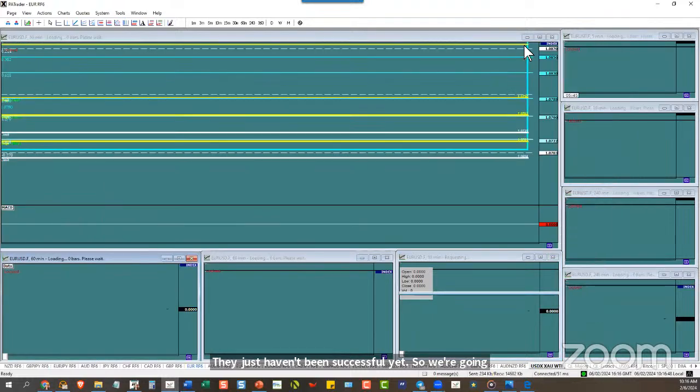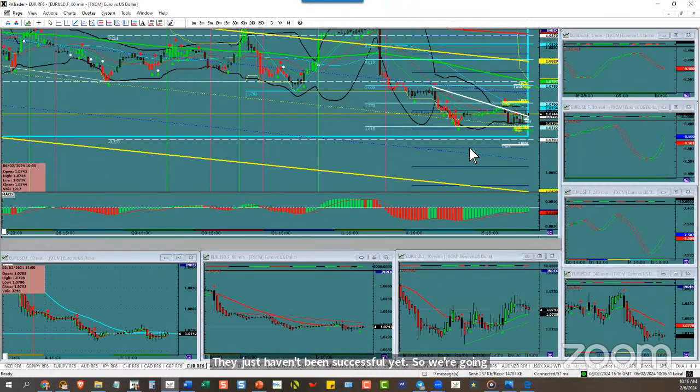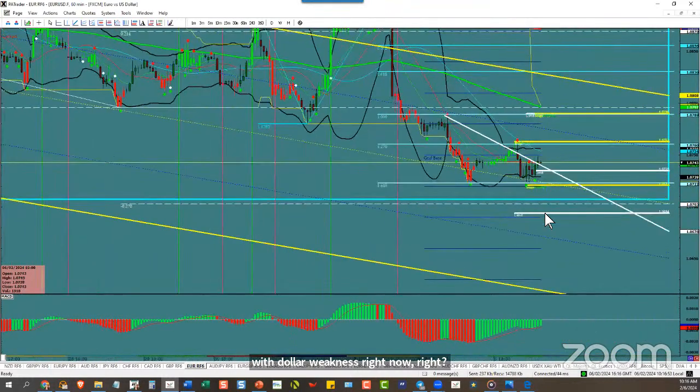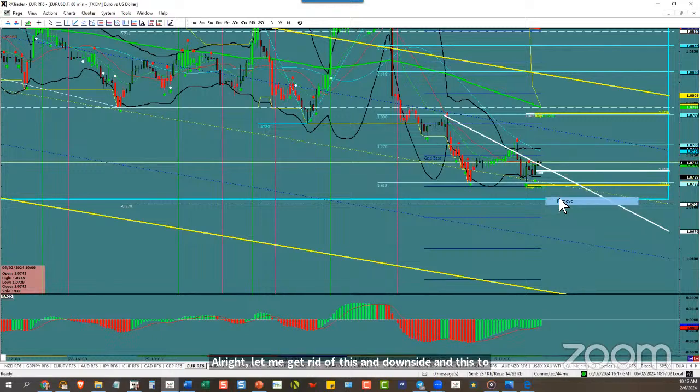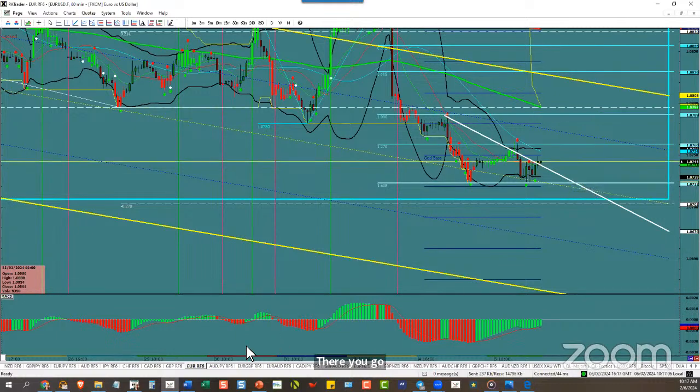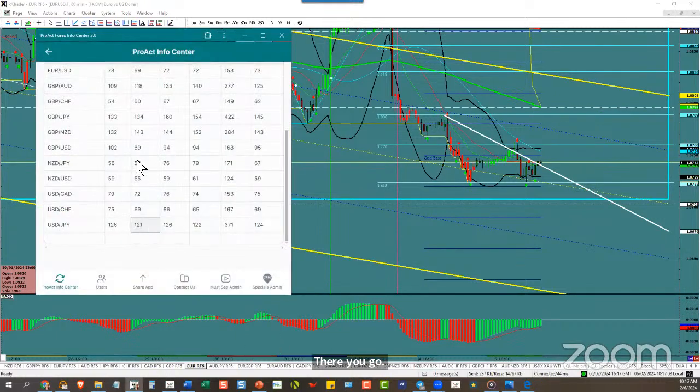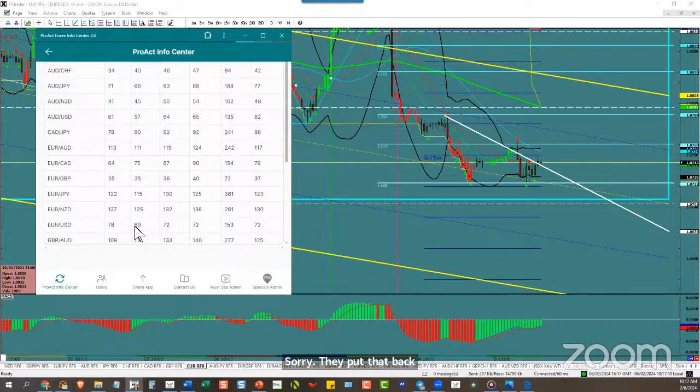So dollar weakness means the euro should now go to the upside. And as you can see, it's not doing anything here, all right? Let me get rid of this to the downside and this to the upside. There we go. Sorry, they put that back on. All right, euro dollar ATR is 69 pips.